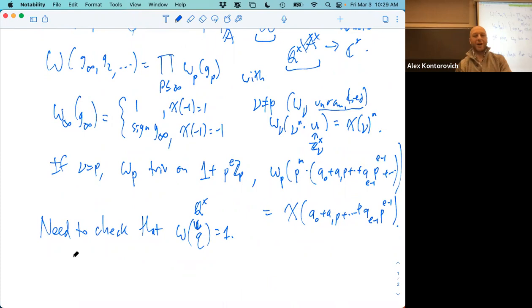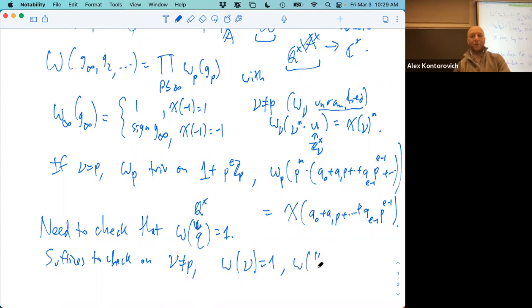It suffices to check on nu not equal to p. In other words, that omega of nu is equal to 1 and omega of 1 over nu is equal to 1.